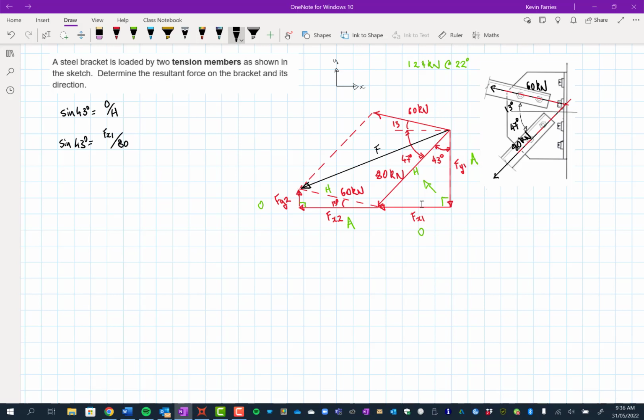So therefore, Fx1, times both sides by 80, is 80 sine 43 degrees.